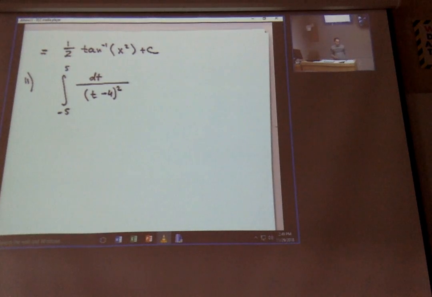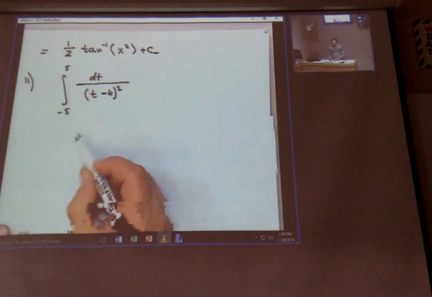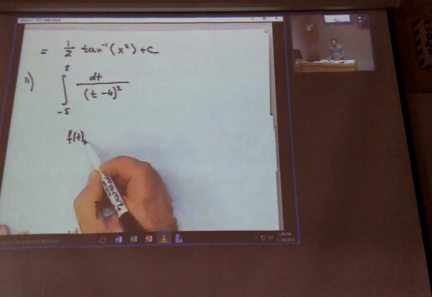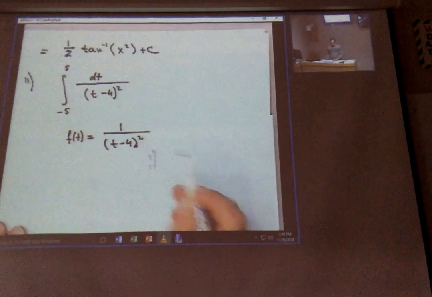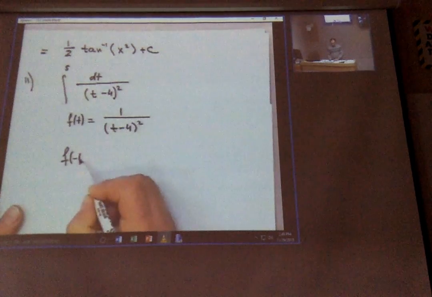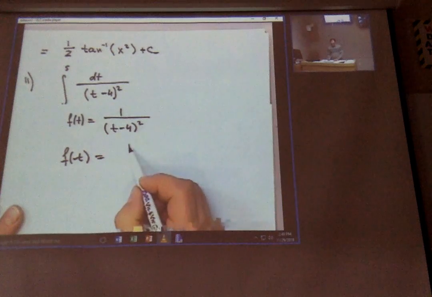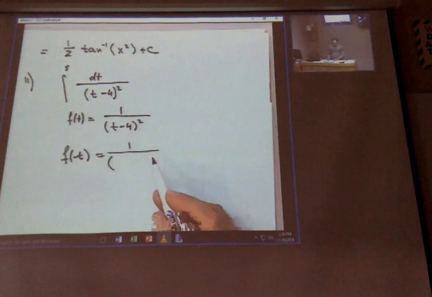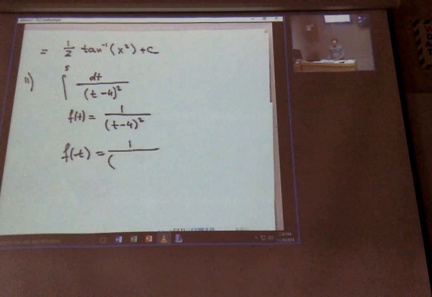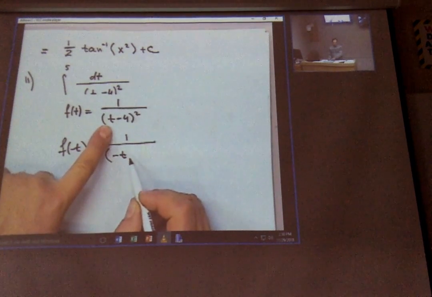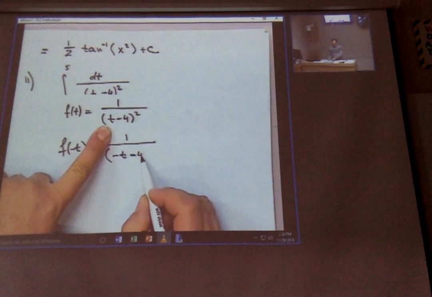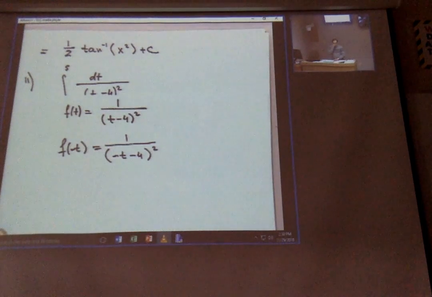Even? Yeah, we can check, right? So, let's check if it's even. So, I'll take my function, and then I'll check for this. So I will have what? Negative t, right? I substitute. Minus 4 squared.